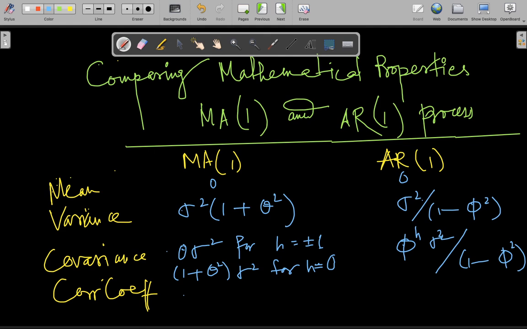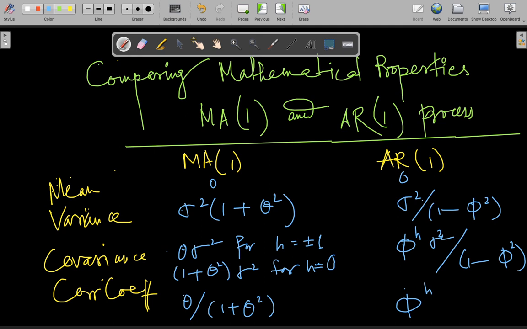So for the MA1 process, if I divide the covariance by the variance, I will get theta by 1 plus theta square, whereas for the AR1 process, I will simply get rho to the power h. Okay, so these are my correlation coefficients.